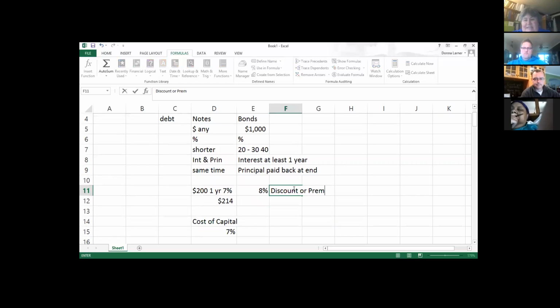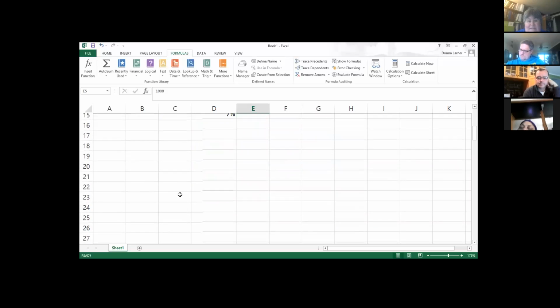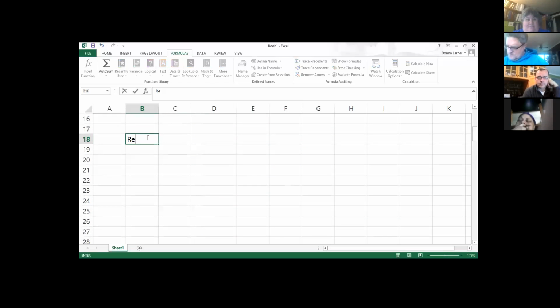You'll see terms like discount or premium mentioned in the chapter. All that means is that the bond might sell for less than, which would be a discount, or more than $1,000, depending on the going rate of interest in the rest of the world. That means what investors could find elsewhere.